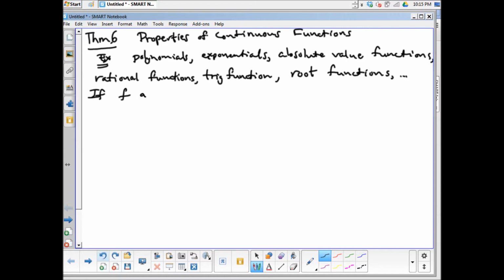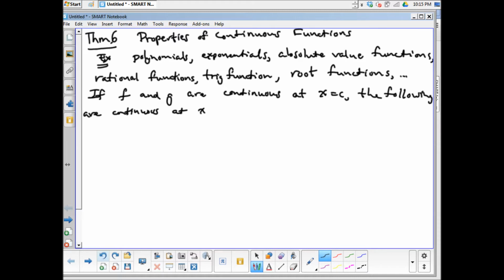Here's the property. If f and g are continuous at x equals c, then the following are continuous at x equals c: f plus g, f minus g, f times g, f divided by g, assuming that g of c is not 0, because you couldn't divide by it, right?